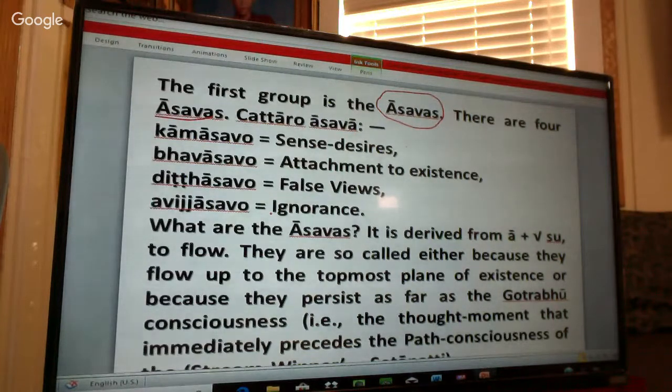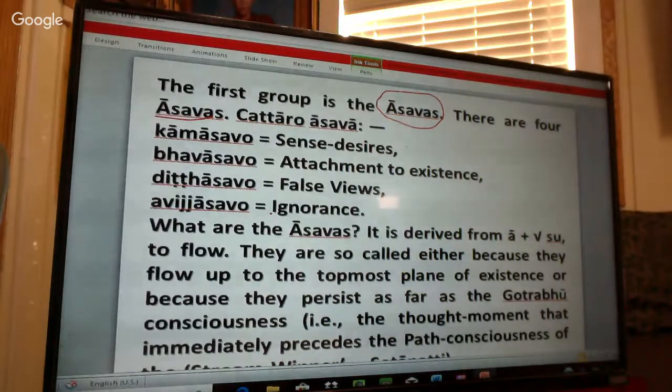Attachment to seeing a beautiful object, attachment to hearing sound, attachment to smell. Like this, five kinds of sensual pleasure. We call it Kamasava; in reality it is lobha, in Pali, attachment or greed.